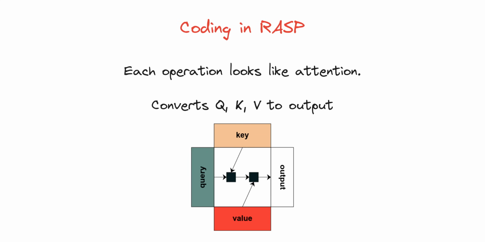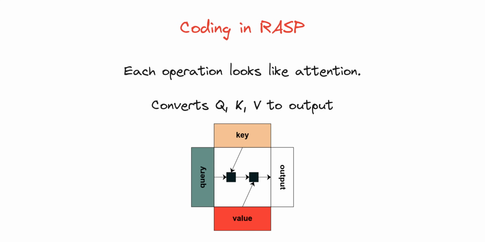In our RASP visualization, we're going to have a square like the one shown on this slide. The key will be at the top, the query will be at the left, and the value will be at the bottom. These three things will be simple lists of values, and the key and the query will interact with each other through Boolean operations.